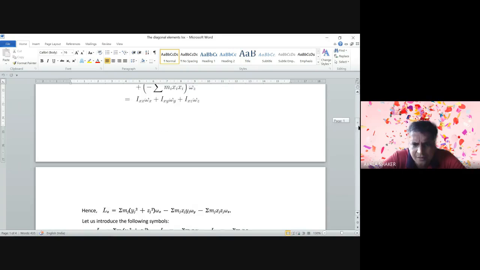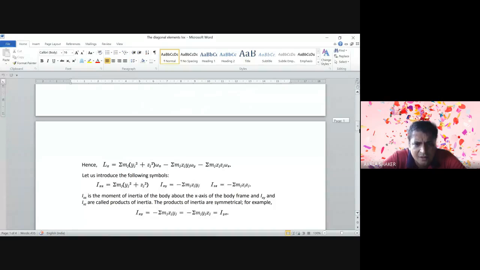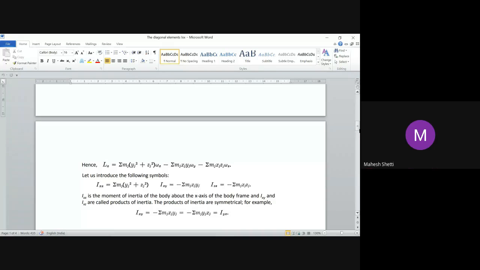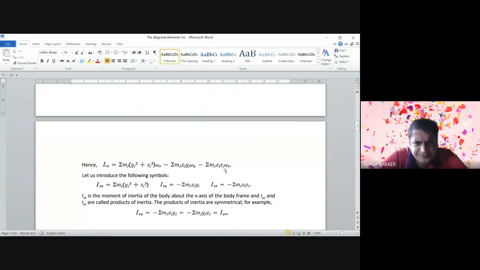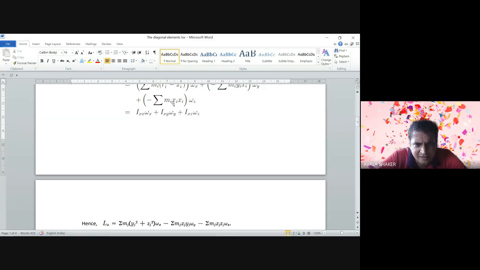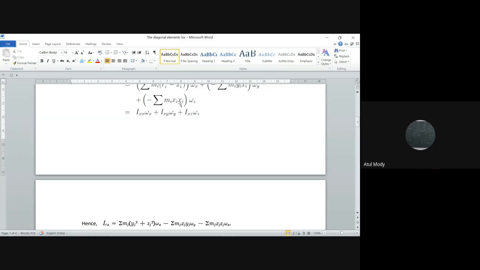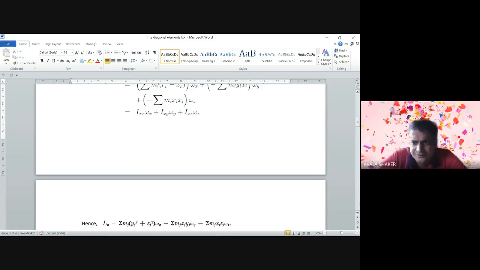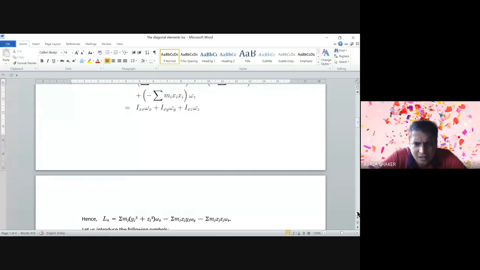Yes, this is corrected. It will be x_i z_i omega z, x_i y_i omega y. So this error is here. It should be z_i. Yes, so this term is z_i. I agree.